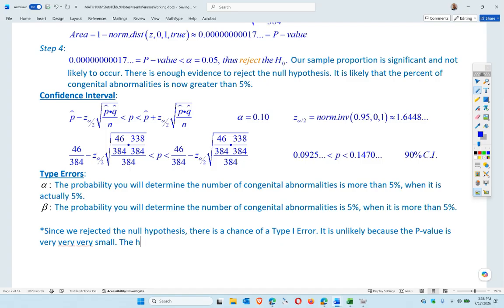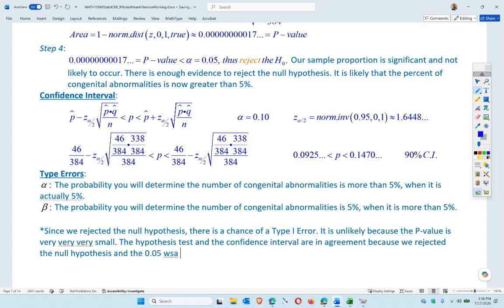The hypothesis test and the confidence interval are in agreement because we rejected the null hypothesis and the 0.05 was not in the confidence interval.